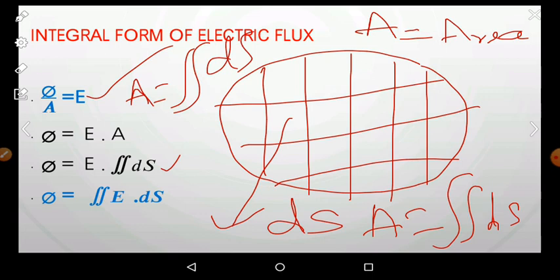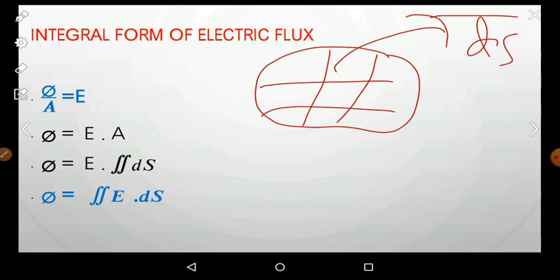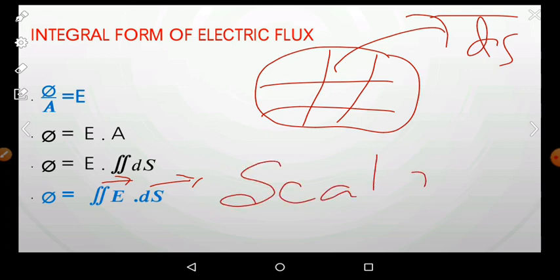Then the integration is taken outside, and phi equals surface integral E dot ds. What is ds here? It is also a vector quantity, and both are vector quantities. This is a dot product, the scalar product of the electric field intensity and the surface area, so this is a scalar quantity.